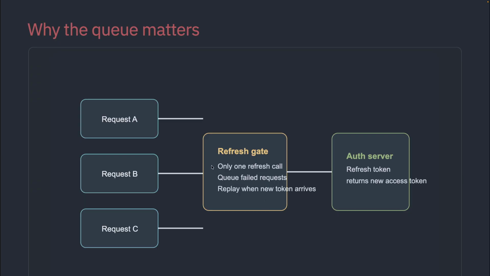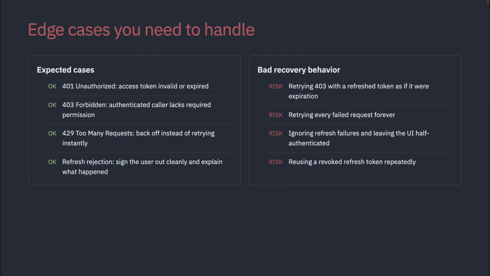That means that we need to keep that in order, because if not, we will have three different refreshes when the token is already expired. Just be careful how to handle that per se. We have some nice expected cases, and be careful with bad recovery behavior, right?